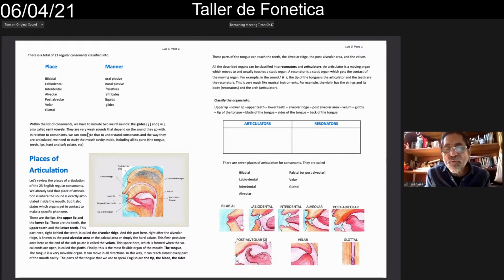What organs would you put in articulators and what organs would you put in resonators? Today is the 6th of April, April 2021.